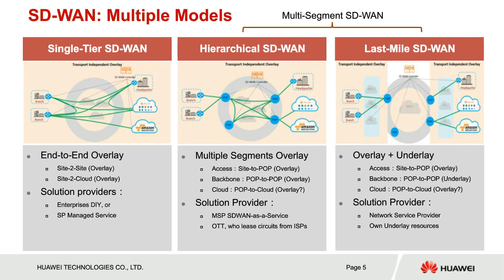But with the digital economy and digital transformation, those enterprises need to push their applications to certain locations, and maybe the current VPN may not have the last mile to reach those locations.